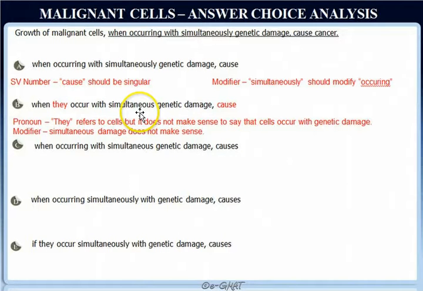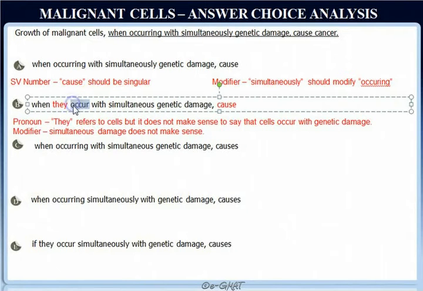What does simultaneous genetic damage mean? What we really intend to state is that when they occur simultaneously with the genetic damage. So simultaneously should associate with the action of occurrence. So this sentence is not correct because of these three errors. So let's mark this as well in red.